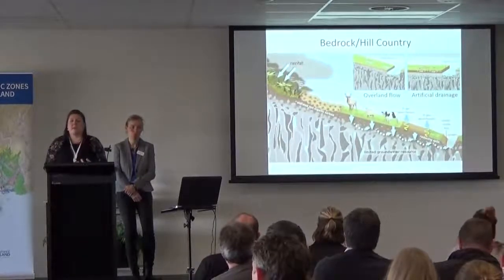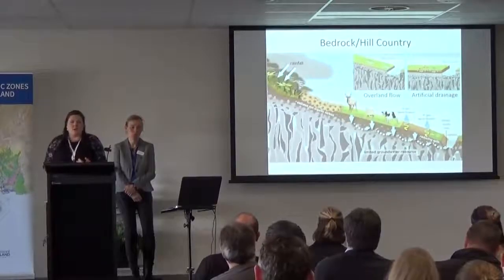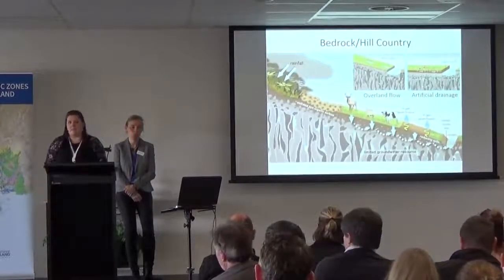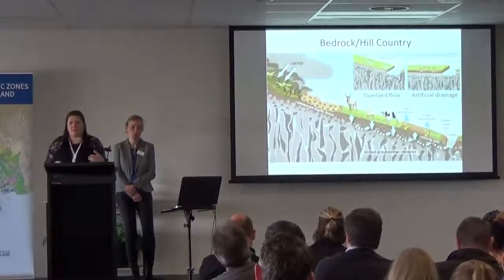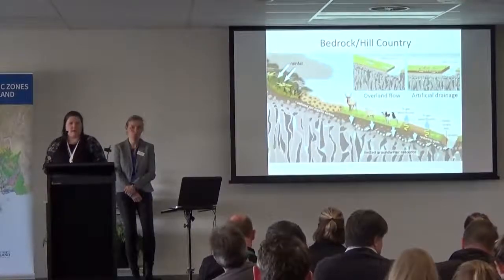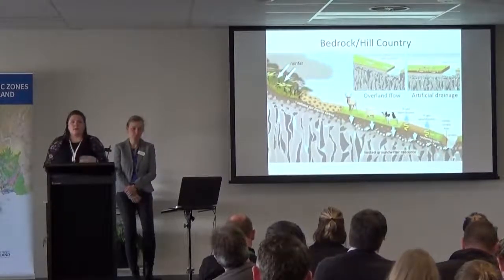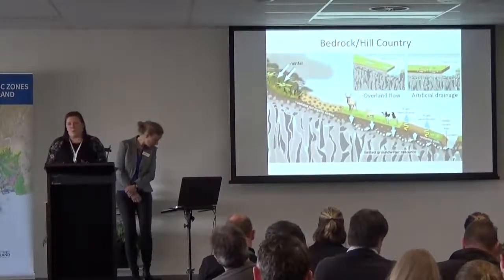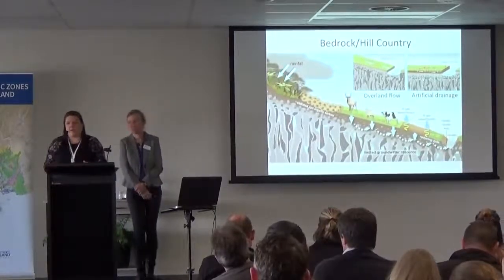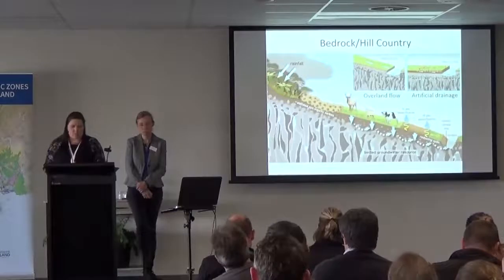In overland flow and artificial drainage, all contaminants become an issue because you're bypassing the mechanism for your soils and your aquifers to remove, attenuate, filter and absorb contaminants. So every time we have an overland flow and artificial drainage variant, all contaminants are a key issue.